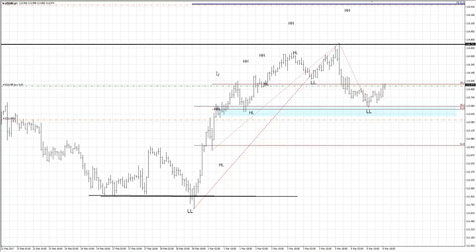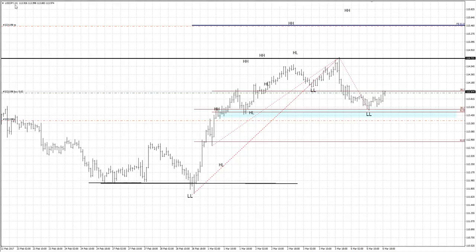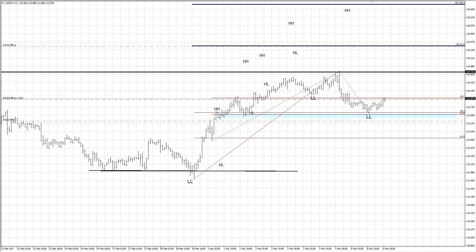So imagine that. If we are correct in this one, if the price actually proved this to be right, this is the first target. The second target, in case the price actually goes and takes the first target, is set at the 116.60 area, and this is about 250 pips.